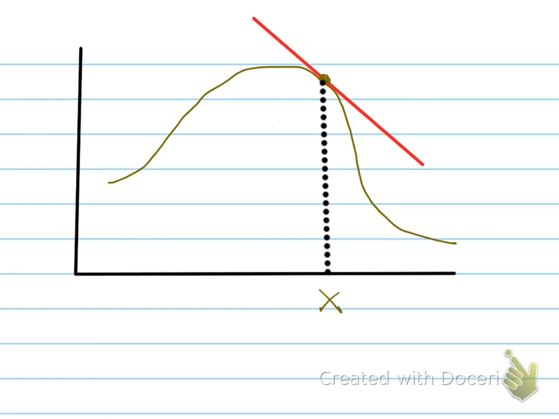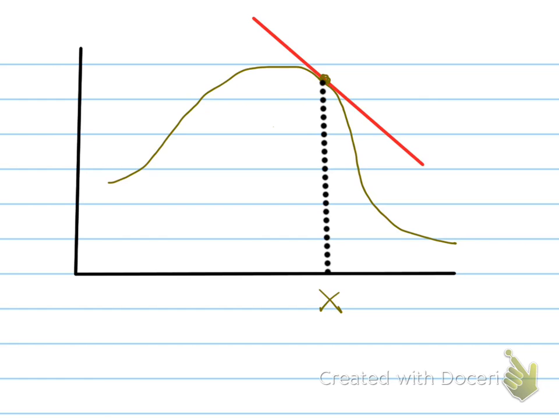if this graph, the green curve, represents our trip from one point to another location, the speed would change over the course of that trip.